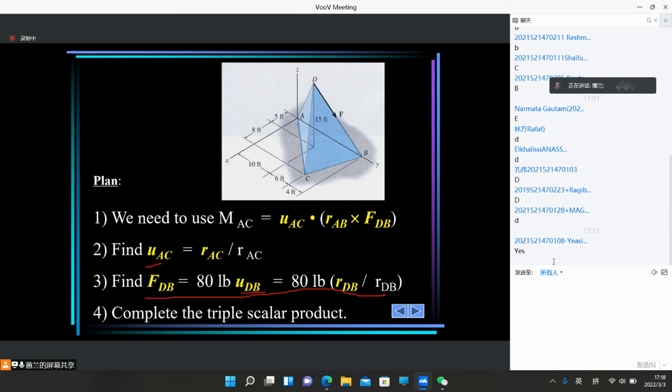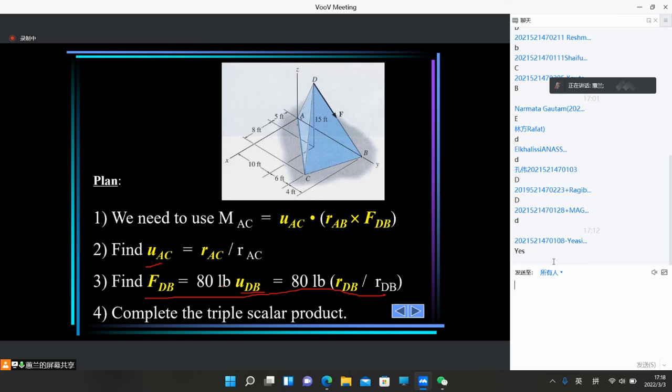It doesn't matter, right? Because if you want to calculate the moment of F about point A, the position vector should start from the moment center A to an arbitrary point on the line of action of force F. So here we choose B. Why do we choose B and not D?